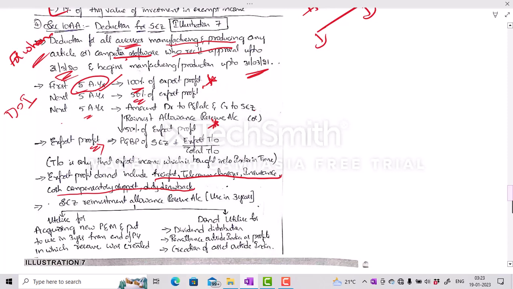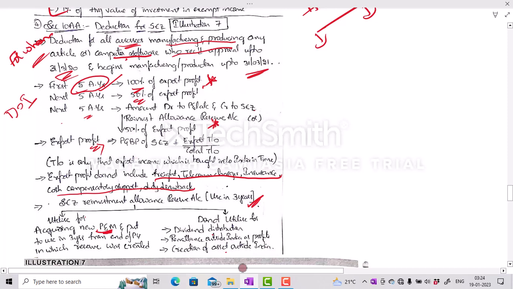Whatever amount credited to that cess account should be utilized within maximum 3 years. And we can use it only for acquiring new plant and machinery in year 1 and put to use within 3 years from end of previous year in which reserve was created. We cannot use it for dividend distribution, remittance outside India of profits, creation of asset outside India.